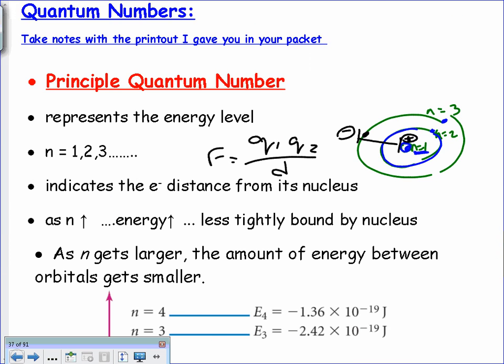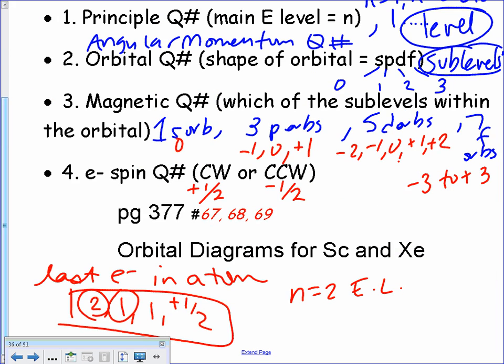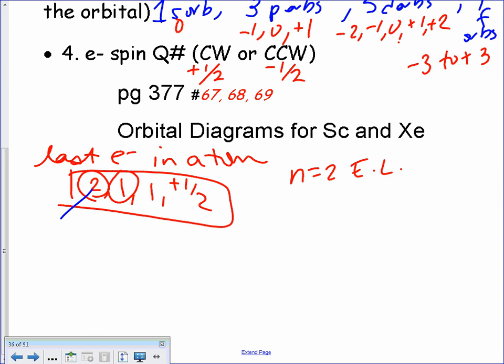Where's that example it started with? Oops, right here. Okay. So I said this is the n number. That's the energy level. So we're talking about the second energy level. This is the sublevel. And what shape is this sublevel if it's a 1? P. The p orbital, or p sublevel.